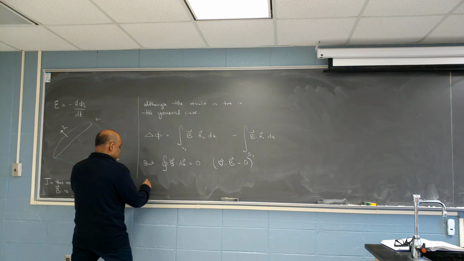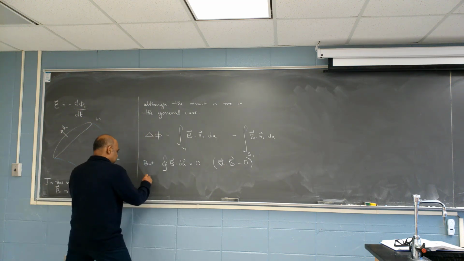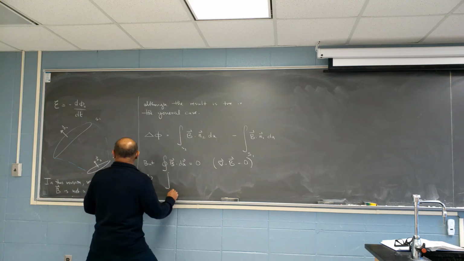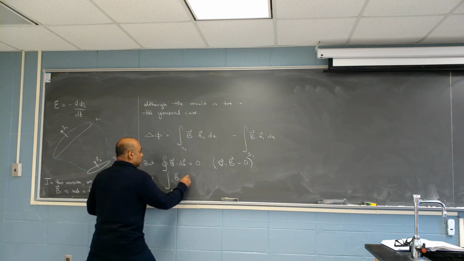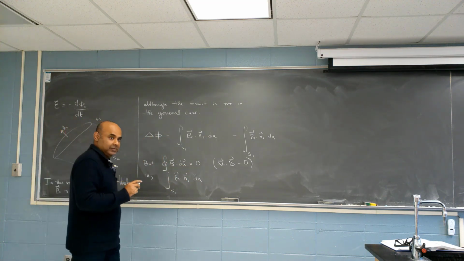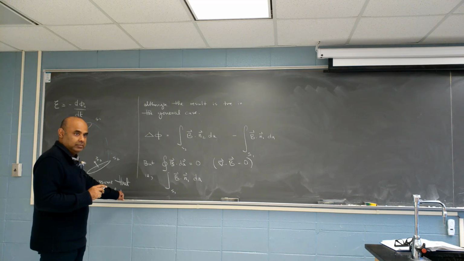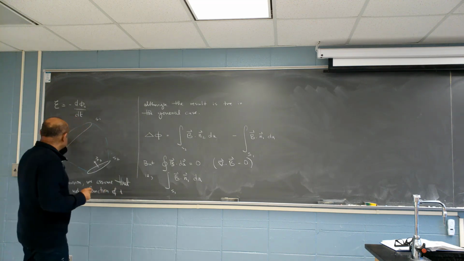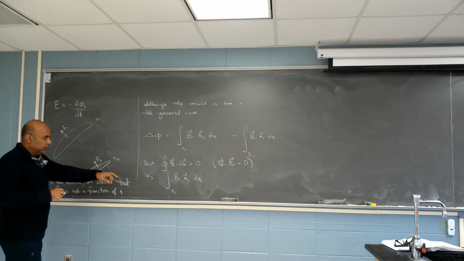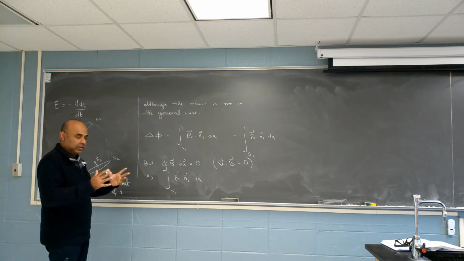It means S1 B dot N1 dA. This time I have to use the outward normal. Yeah? Oh, consistent normal. So for the second one, we're using outward normal. Yeah, okay, because it's for the closed surface. We use an outward normal.